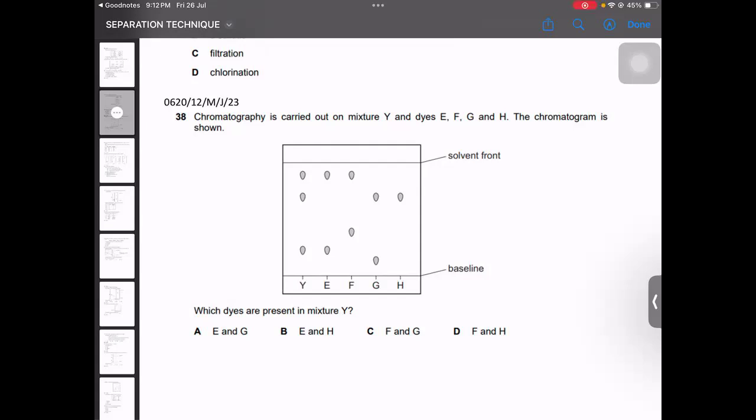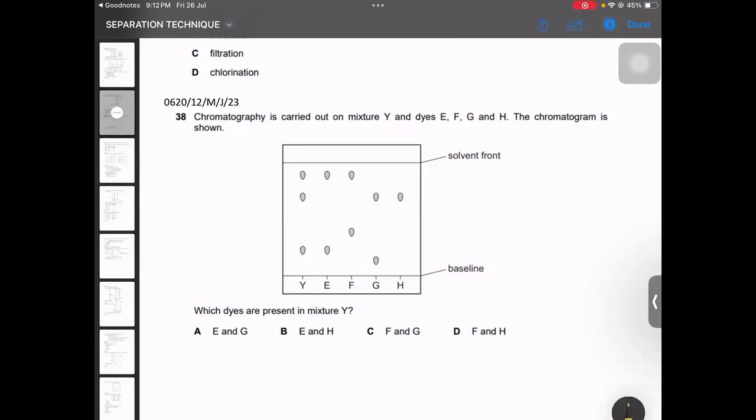What do you think? Yes, E and H. G is a pure substance, how can it be a mixture? E and G. Okay, so E and G is A, right? Yeah. B.